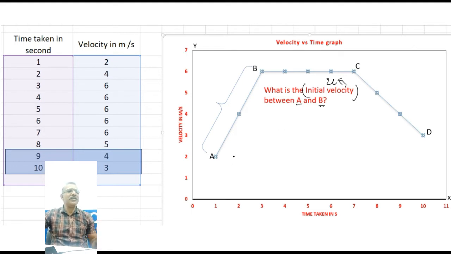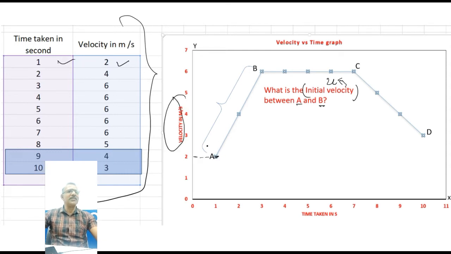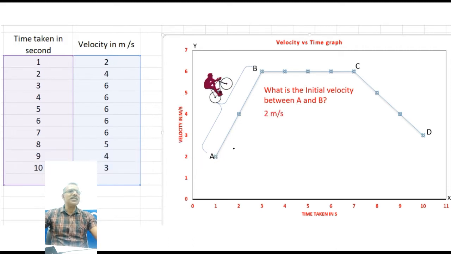And how to find the initial velocity on this graph? The body started from here, our graph starts from here, isn't it? It must have started from the beginning, but our value for the first second is 2 meters per second. So even if this is not given, we can find on this graph that the velocity at the first second is the initial velocity, which is 2 meters per second.